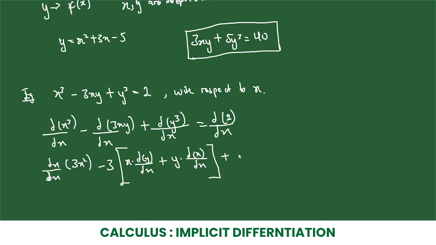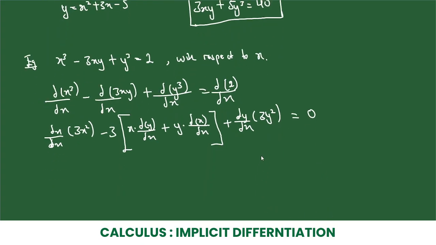Plus, what variable are we differentiating here? We are differentiating y. And when you differentiate y cubed, we get 3y squared dy/dx. It is equal to, here we are differentiating a constant, so we get 0, right?